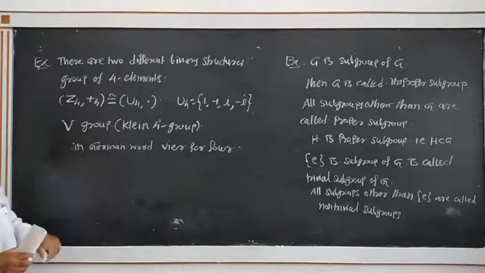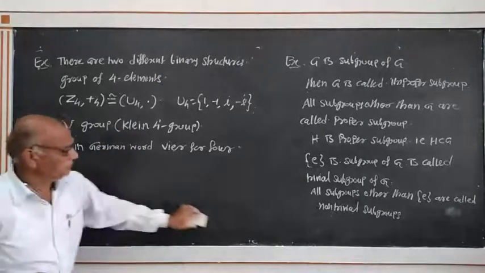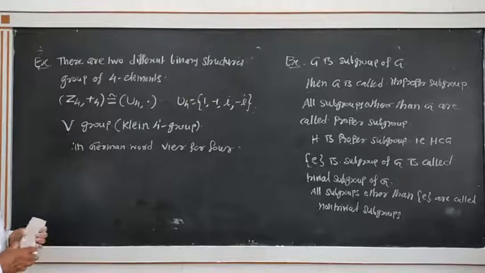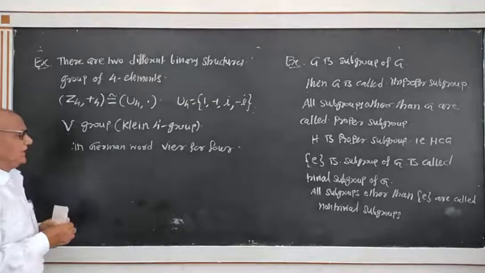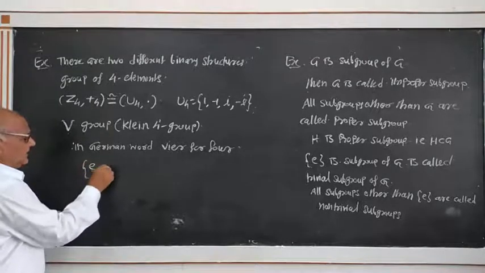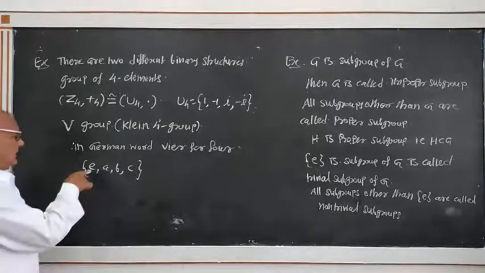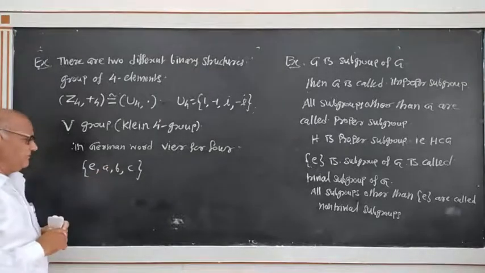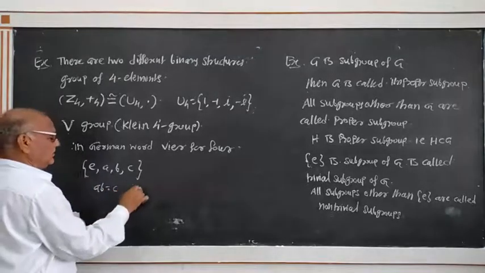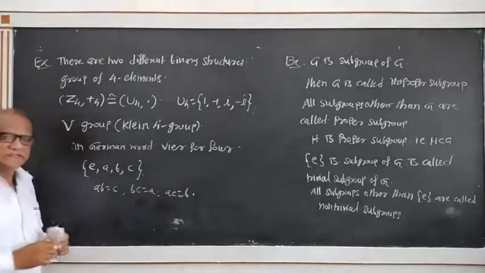The inverse of each element is itself, and except the identity, for the remaining 3 elements the product of 2 is the third element. Like this, here E, A, B, C: the inverse of each element is itself, AB is equal to C, BC is equal to A, AC is equal to B.